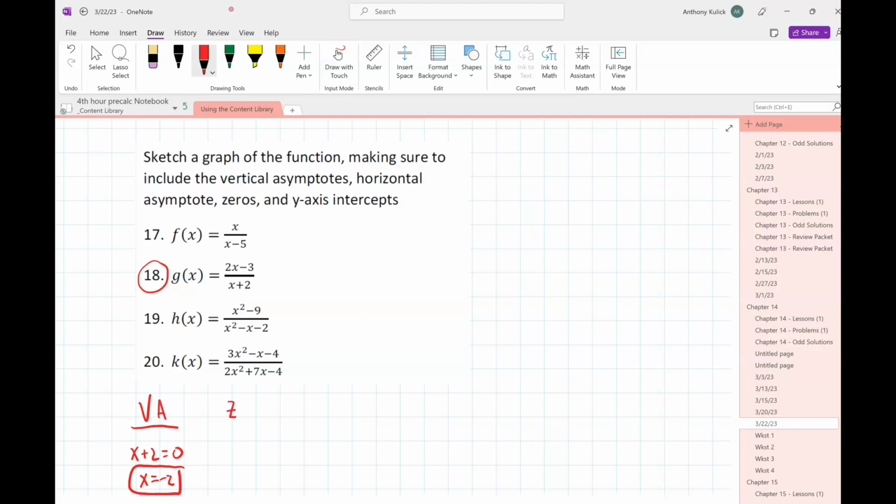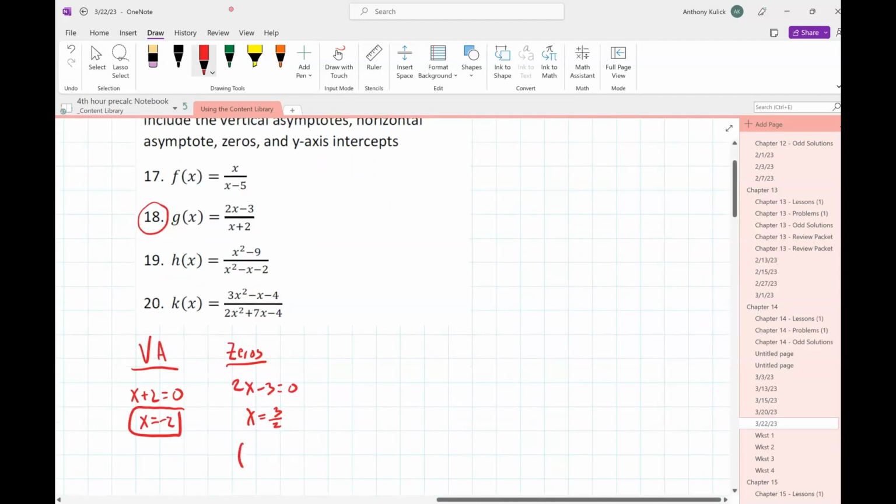The zeros we get by setting the numerator equal to 0. The y-intercepts we get by plugging 0 in for x.